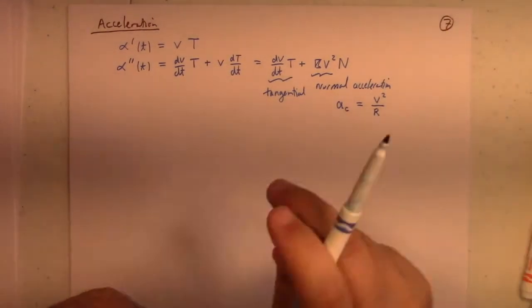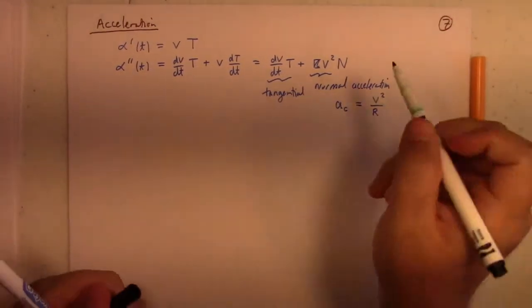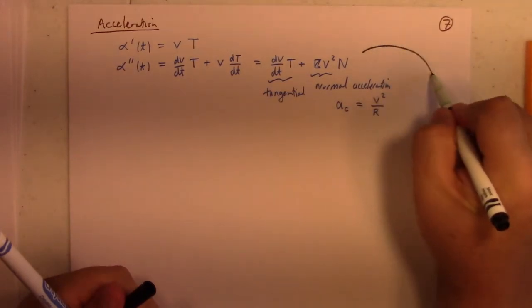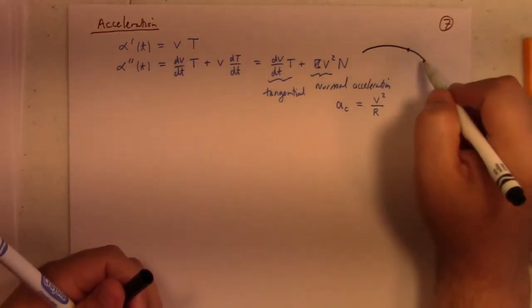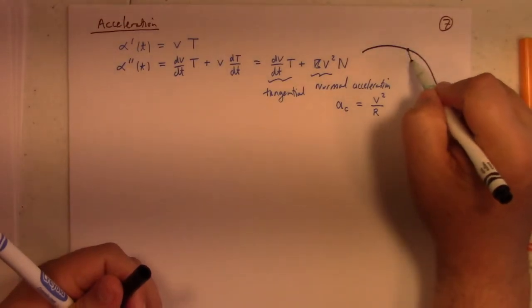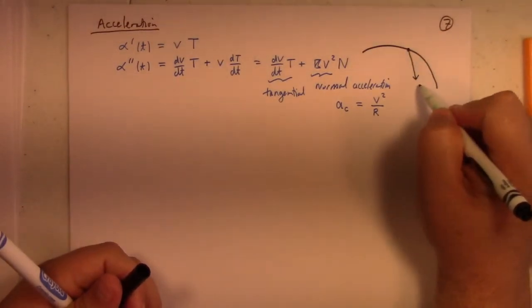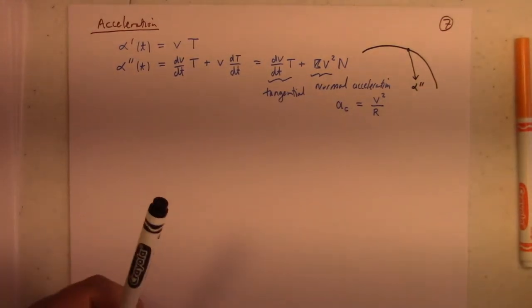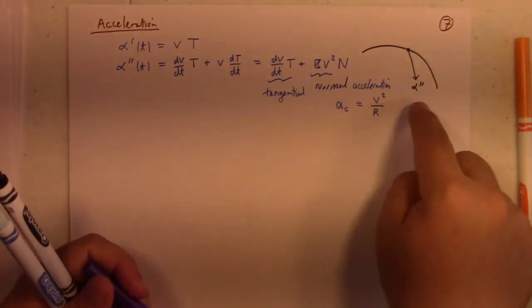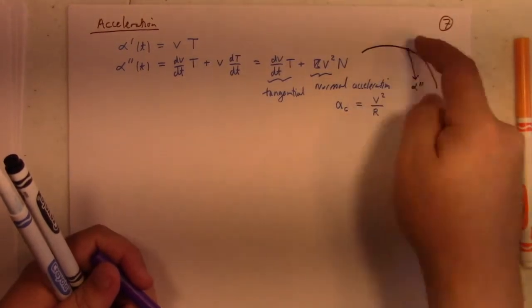Oh, just to draw a picture for a second here. So if my curve was something like this, I could have my acceleration vector something like this, for example. It has to be like that, though. The acceleration vector can't point on the other side.